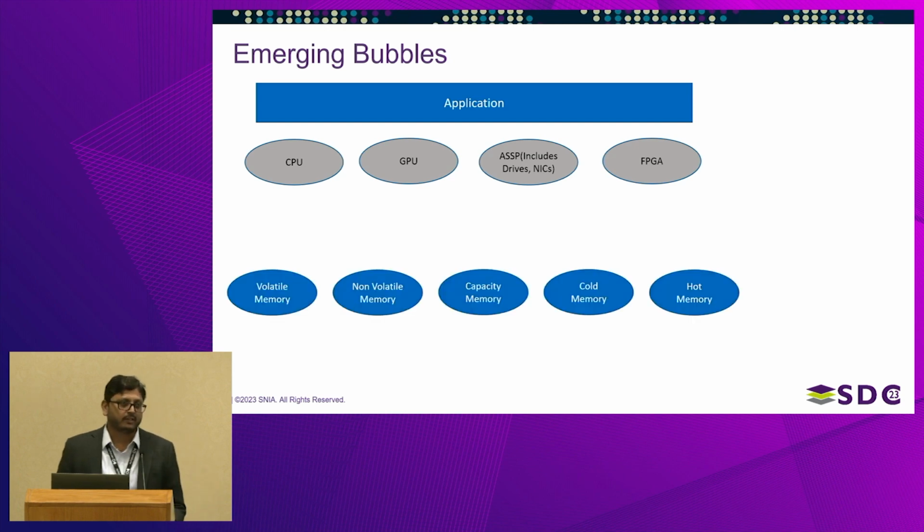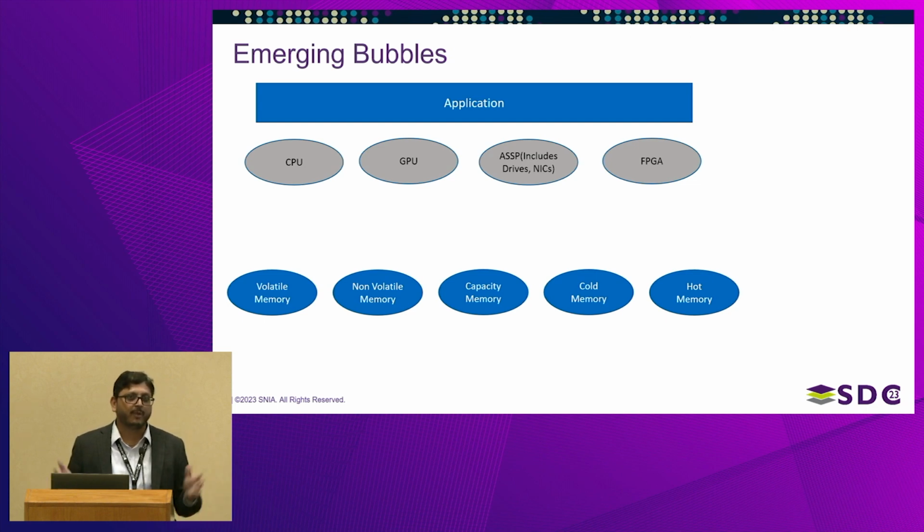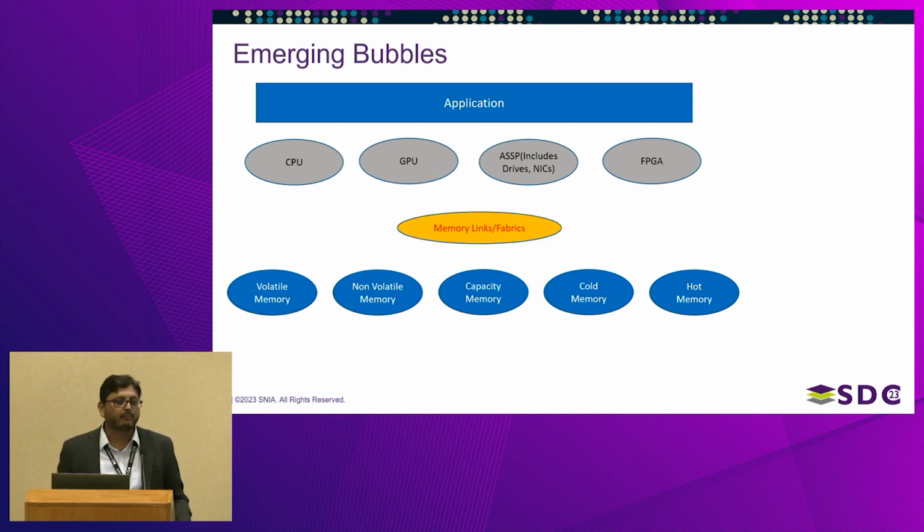Memory is also changing. If you heard the talk right before this one, Jim described the various types of memory that are becoming available in the market, not just because Optane enabled them and now it's not there, but CXL is now enabling a whole bunch of memory types. And to connect them, we have these new memory links or fabrics like CXL.